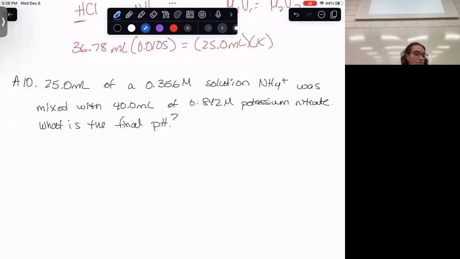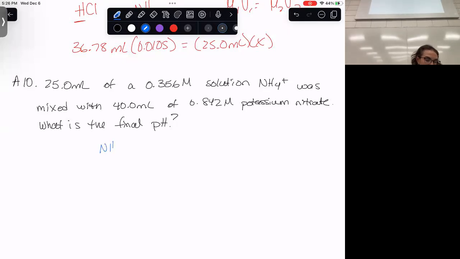What else can we do? Yep. But there's something we could do first that's going to make our lives a lot easier. We're going to write the equation of what's actually happening.